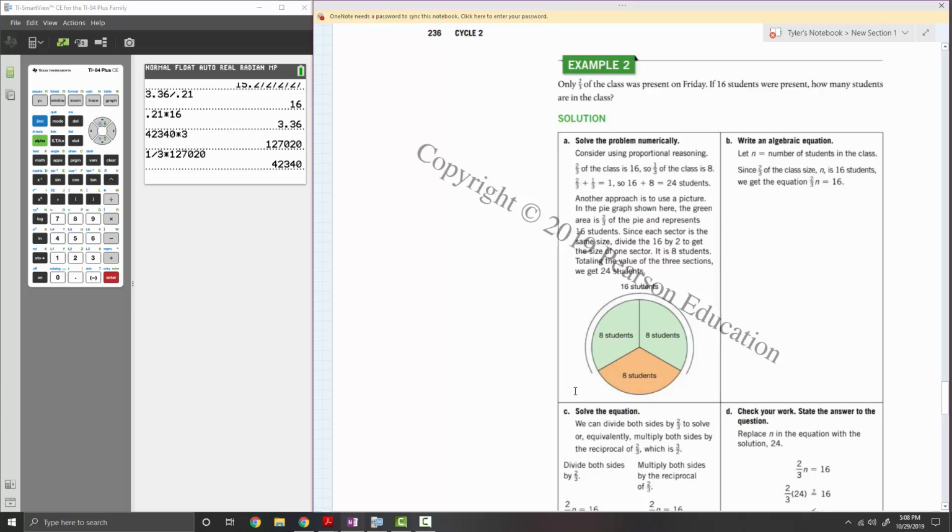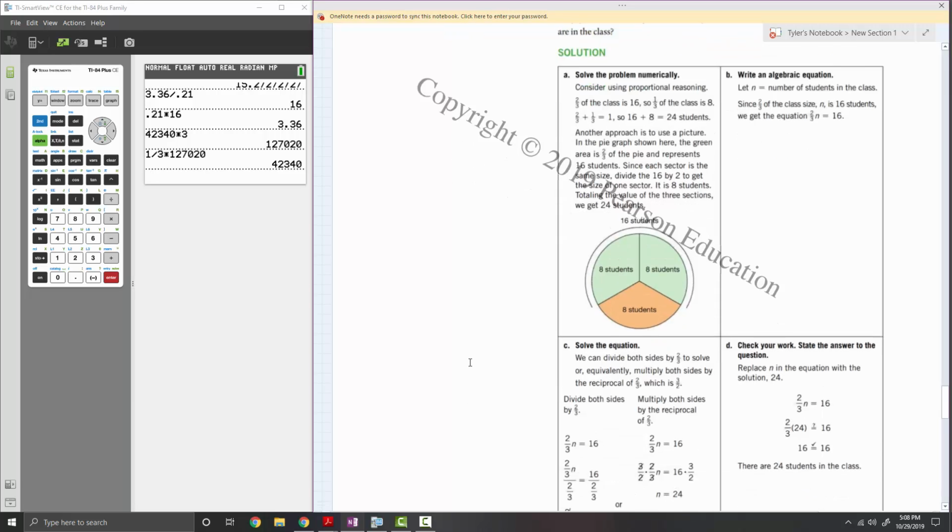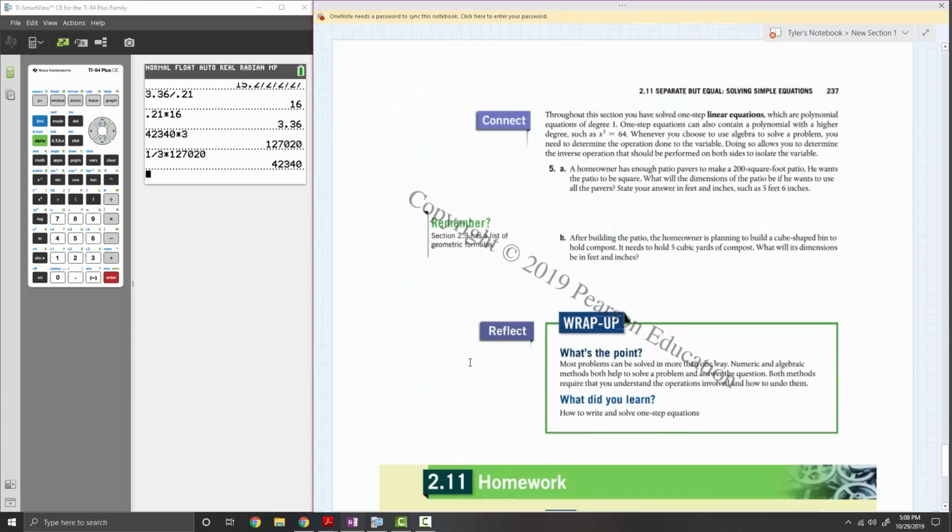So I think it's just trying to help you understand that numerically and algebraically are very similar to each other. They're very related to get the same answer. Right? All right, so then there's another example in the text, and I'll let you read over that one and give it a try on your own. And then there's one more problem for us to do and try, so I want to go through that.